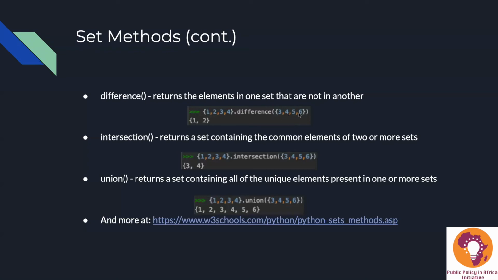Notice that this set contains 5 and 6. This set doesn't contain 5 and 6, but what's output is 1 and 2, because it's basically subtracting, if you will, this set from this set. So we remove the elements that both sets share, and then just output the remaining elements of the set that you call the method on. So this just outputs 1 and 2 here.